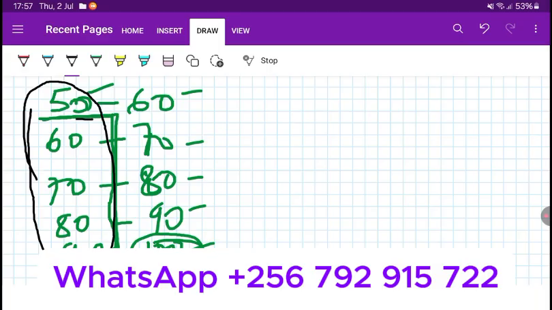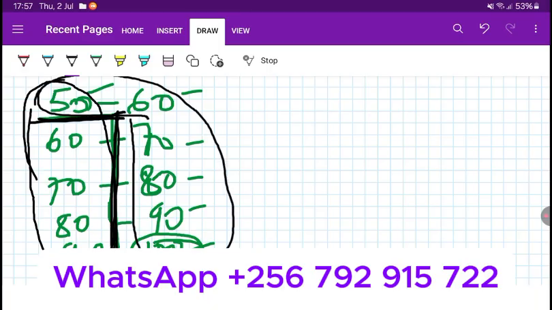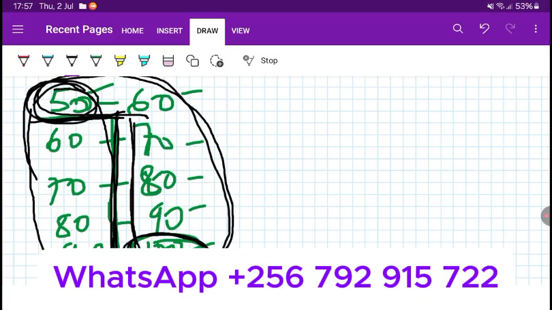So you just draw like this, as if you are drawing a 7. Then you take these values outside. But taking these values outside doesn't necessarily mean that we are taking the upper class boundary. No, we are taking the lower class boundary, because I've said we are including this 50, and we are also including this 100.